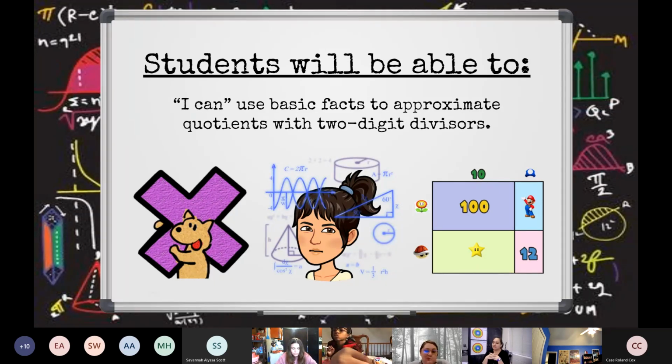What is a divisor? Who can tell me what a divisor is? Mila, can you tell me what a divisor is?